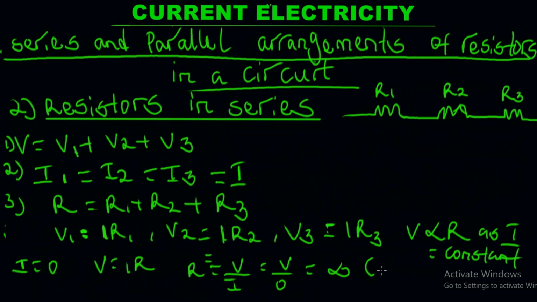So this is why we say the resistance of an open circuit is infinite. We are going to discuss some extra formulas for E.M.F next, so that you'll be able to attempt more questions, and maybe one or two other concepts. Then we move on to solving questions.